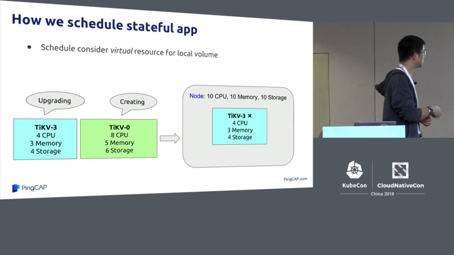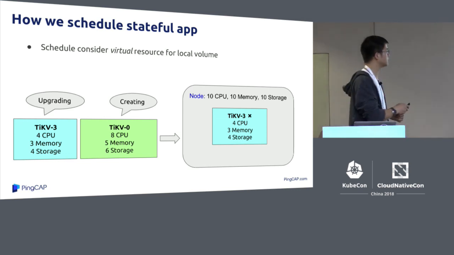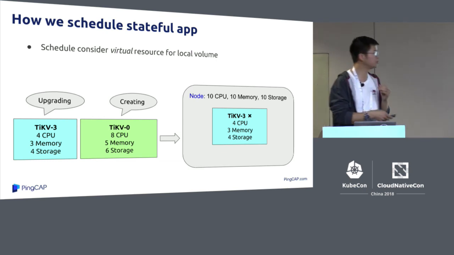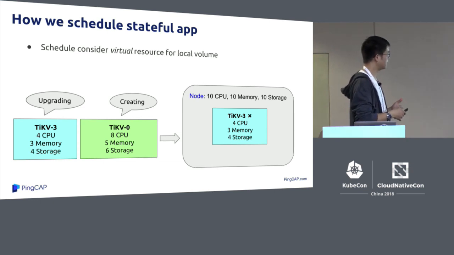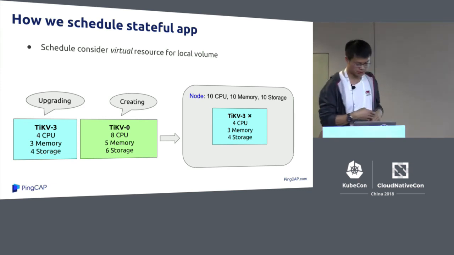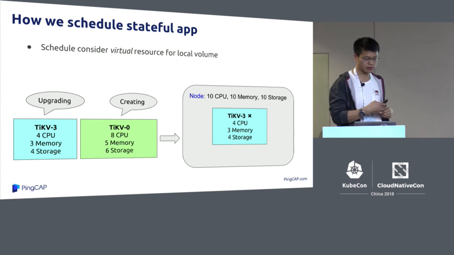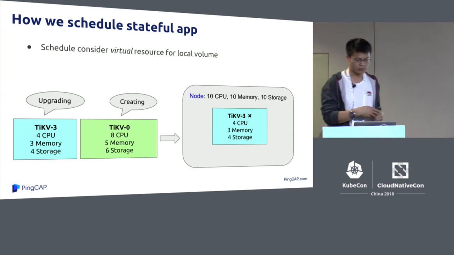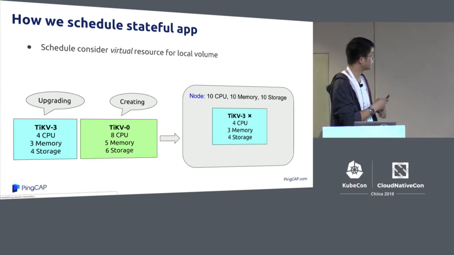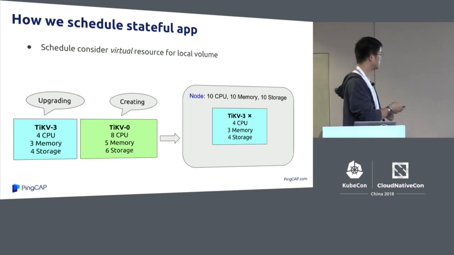This is because local PV and the Kubernetes built-in stateful set were first designed for network PV, so they don't consider such scenarios. So there are still many scheduling problems with local PV, and we put much effort into this.